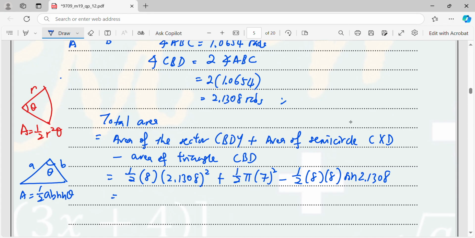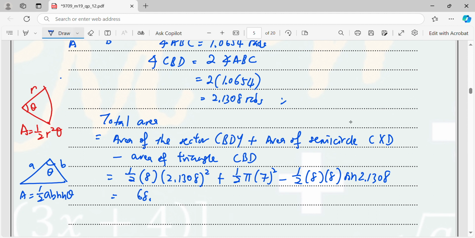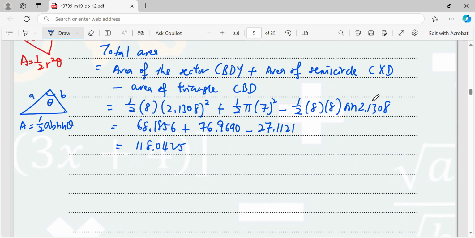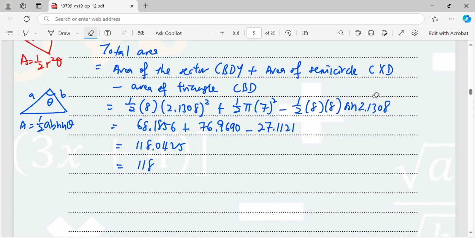So from here the first value is going to be 68.1856. Then the next value is 76.9690. Then the third value is going to be 27.1121. Then the total is going to be 118.0425. We always round the answer to 3 significant figures. That is going to be 118. So this is the area bounded by the two arcs.